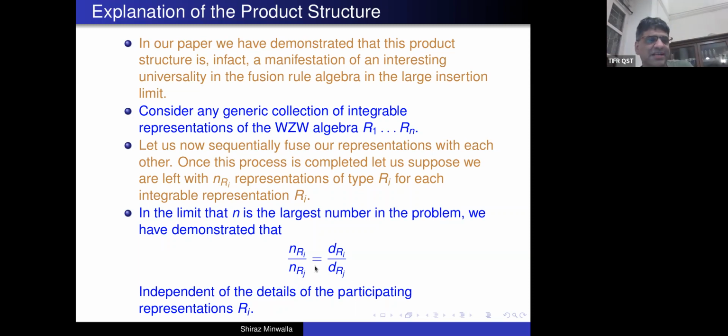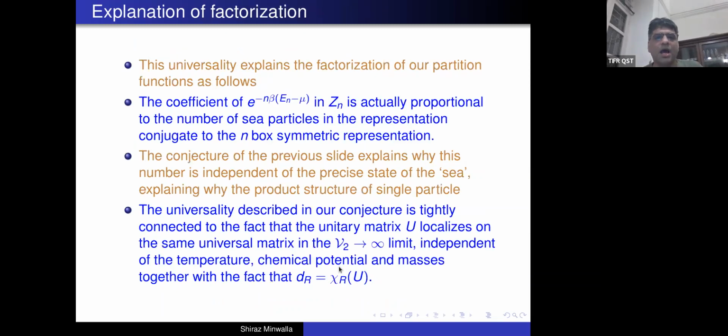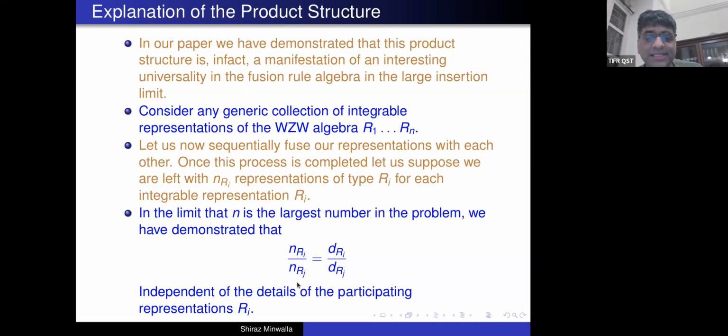One of the things we demonstrate in our paper is that the number of representations of R_i you get from this product divided by the number of representations of R_j you get from this product is the ratio of the quantum dimensions of the representations R_i and R_j, where quantum dimensions are notions in Wess-Zumino-Witten theory, for those of you familiar with it. Okay. What's really interesting about this is that it's universal.